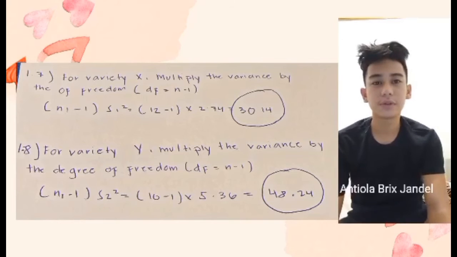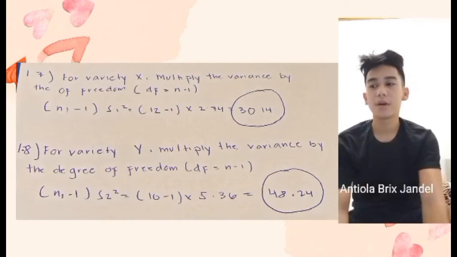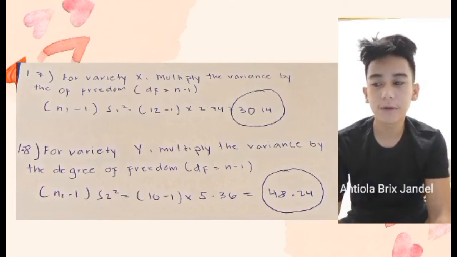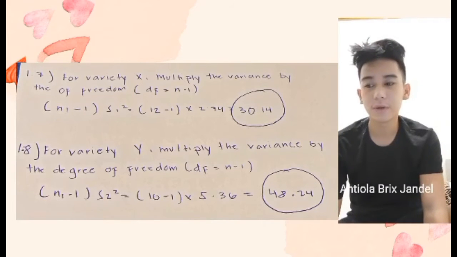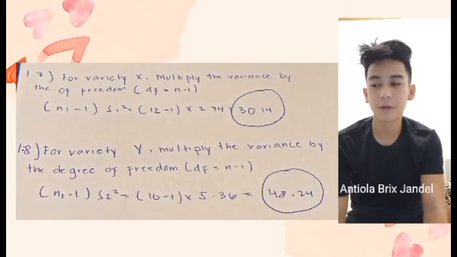In question 1.8, for variety y, multiply the variance by the degrees of freedom using this formula. Degrees of freedom is equal to n minus 1.